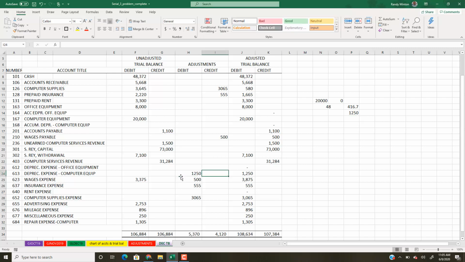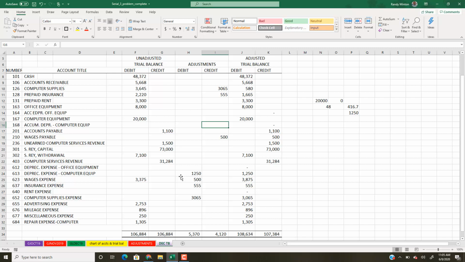Now, here's where it gets kind of tricky for young folks, okay? The other side of this is not cash. It's not the actual equipment itself. What it is, is an account called accumulated depreciation. That means we're going to accumulate it. We're going to continue to add it all up for the life of this equipment.